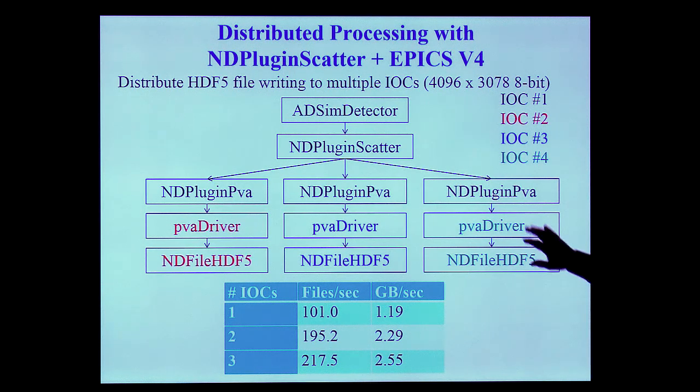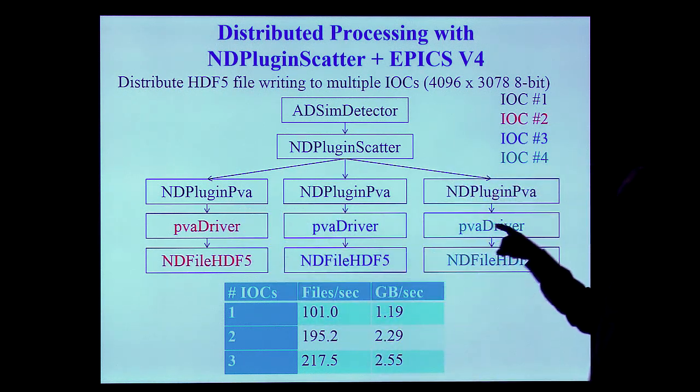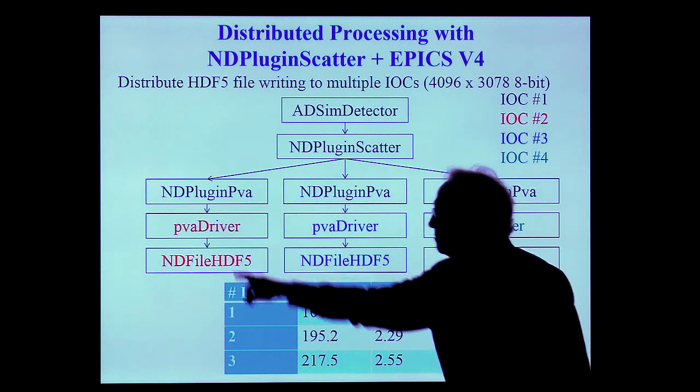Right? So, back to Oksana's question, these are 3 separate IOCs that are running that PVA driver. So they're all getting their data over the network, although in this case they were all on the same Linux box, so it wasn't really the network. And then each of those was running an HDF5 plugin.